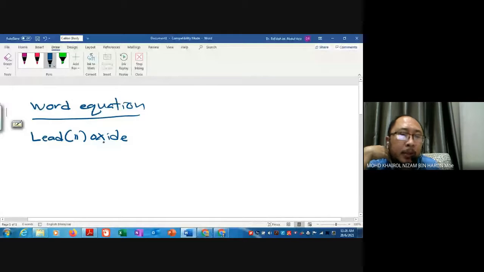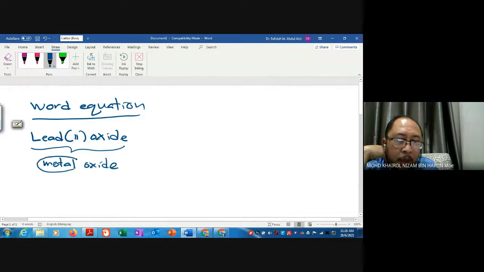Metal oxide means that a metal combined with oxygen to form a compound, and we call it a metal oxide. This is a general name. Which metal combines depends on the type of metal.